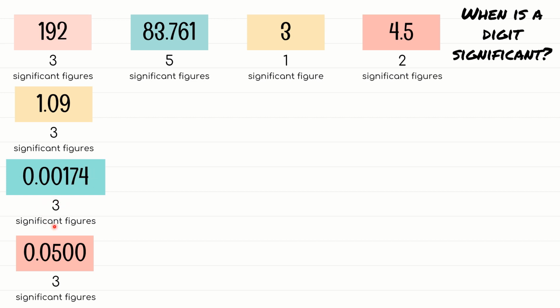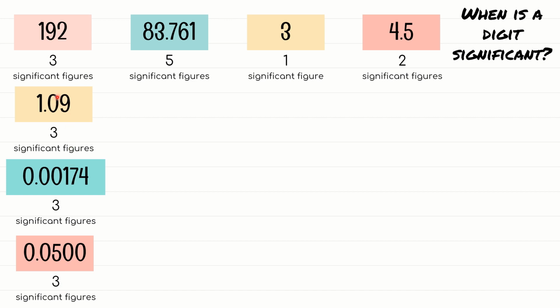However, there are only 3 significant figures. Then, when we look at the number 0.0500, notice that there are actually 1, 2, 3, 4, and 5 digits, and yet I call it 3 significant figures only. So what exactly is happening?